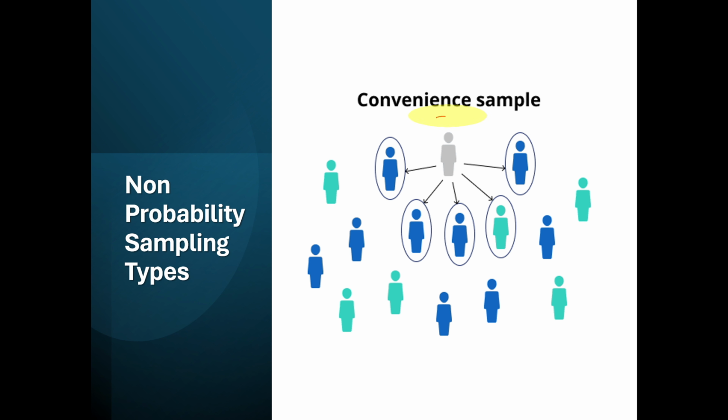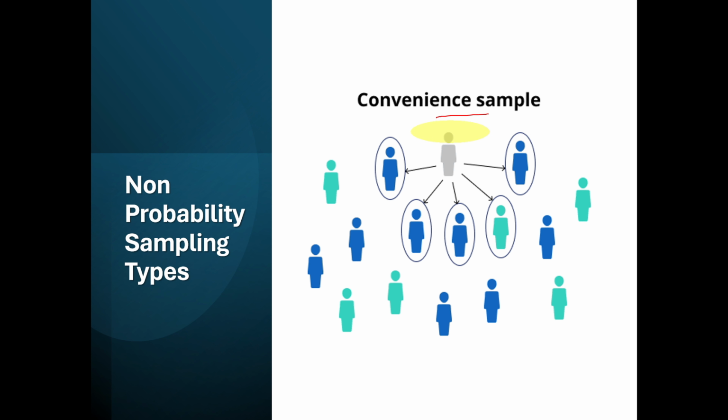Next one, we have convenience sample. In this, you have one main person and then you select the nearest ones. For example, you are in a city, say Manchester, and you want to select cities near you.